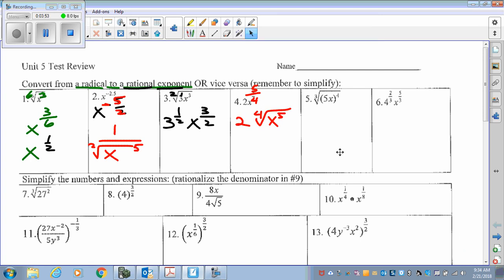So number 5, I've got a radical, and I want to make it into a rational exponent. So now this whole thing is in parentheses, so both of them are going to be taken to the 4th, right? That's the power. And then the root is 3, so that goes in the bottom.